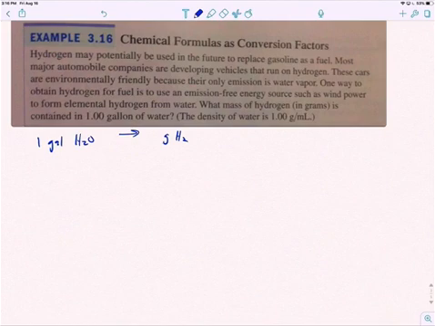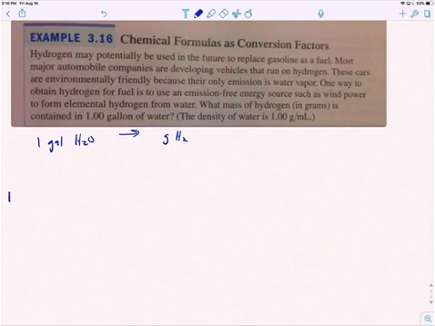Then convert liters to milliliters to grams, and then you can calculate directly from the moles and get the mass from that. Okay, so let me show you.